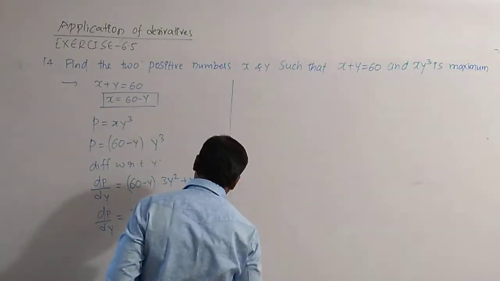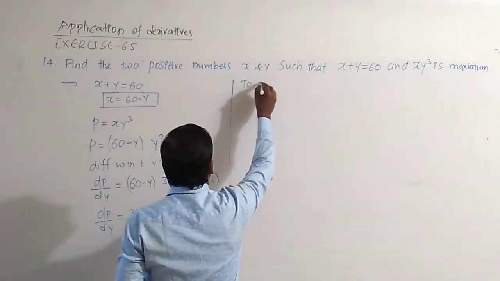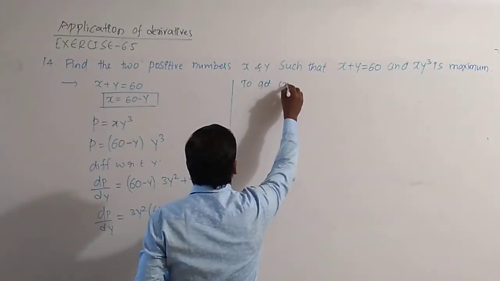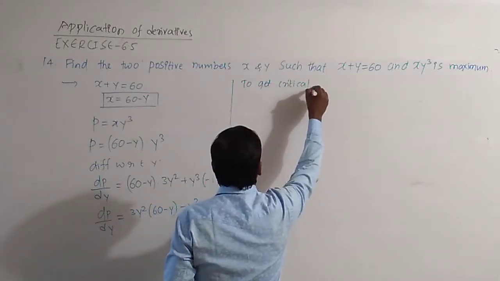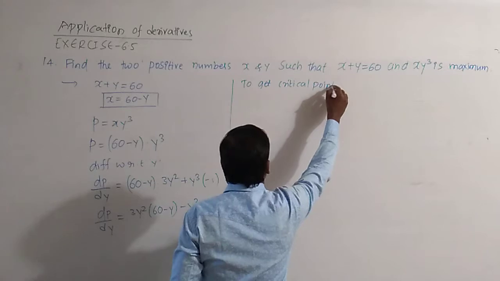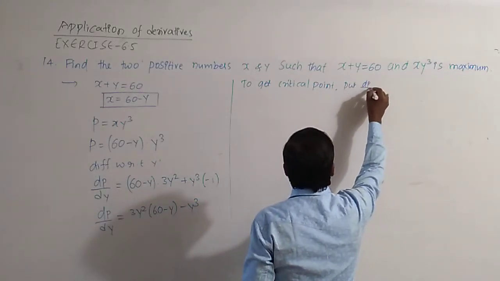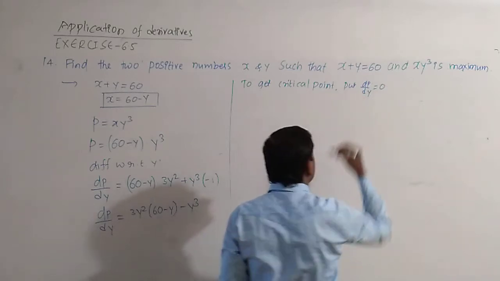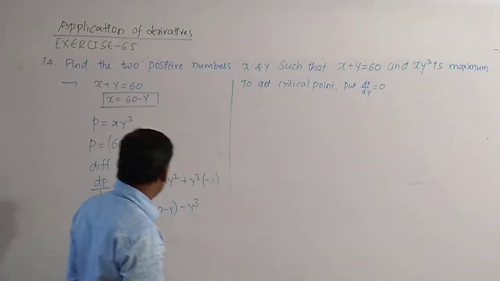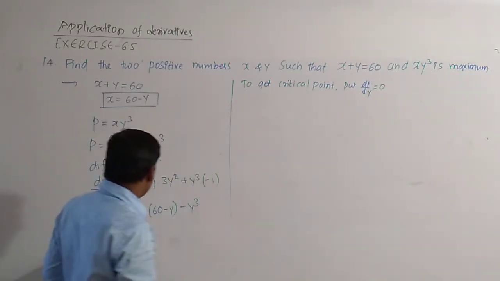To get the critical point, put dp upon dy equal to 0.